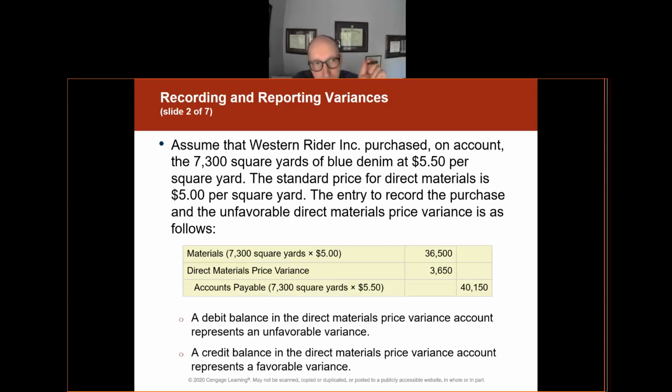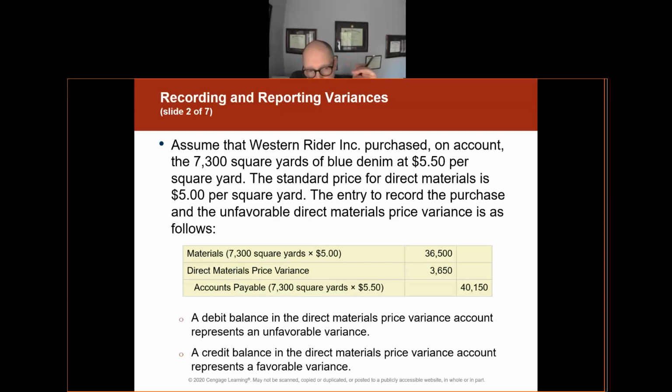Okay, so 7,300 square yards at $5 per square yard is 36,500 of direct materials. So we debit our raw materials account 36,500. We take the actual amount of yards purchased times the standard price per square yard.